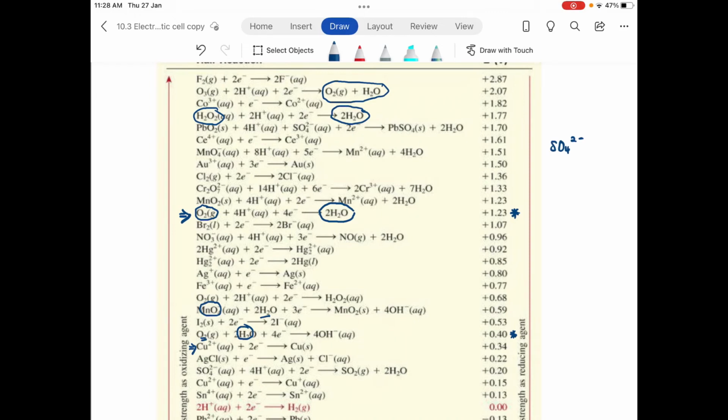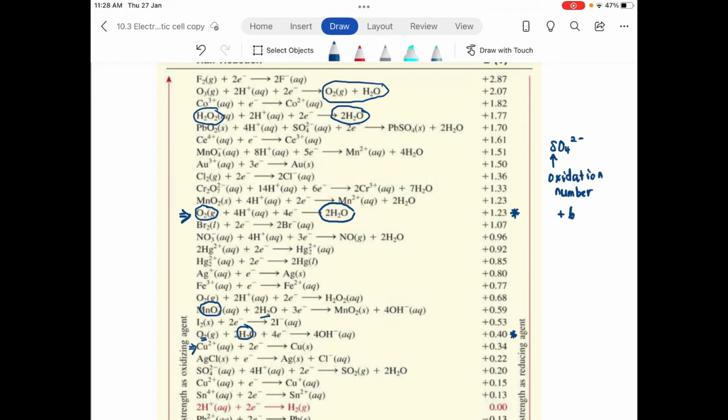Tak ada benda yang boleh reduce menjadi SO4 2- sebab SO4 2- tak boleh oxidize. Okay, kenapa tak boleh? Okay, sebab kalau kita cuba calculate oxidation number for sulfur, you all carilah sendiri. You kena kira lah benda ni. Substitute for oxygen dengan negative 2, lepas tu dia punya equals is negative 2. So oxidation number dia ialah positive 6.